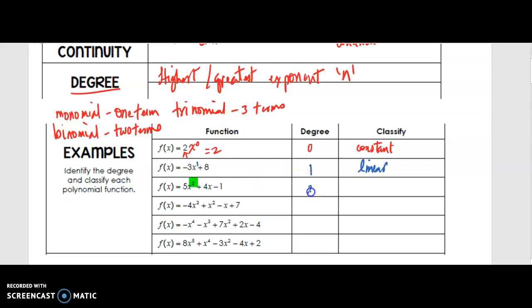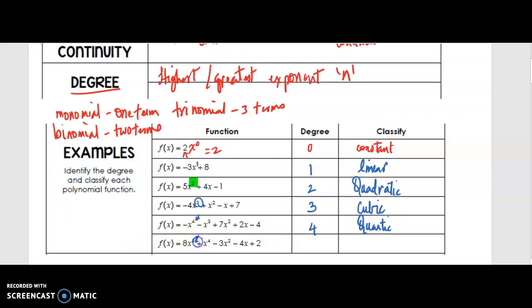If you have x squared, then it's a degree 2, and you will call this a quadratic, right? If you have x cubed, then it's degree 3, and you will call that a cubic function, okay? And if you have x to the 4, it's a degree 4, you call that a quartic function.